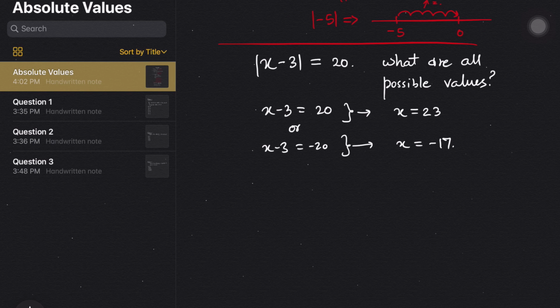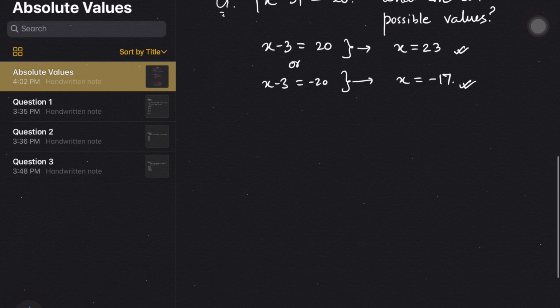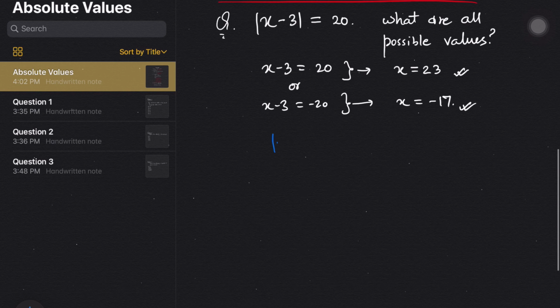But then there is one more way that you can do the same question, which means you have to think about the whole situation from a completely new perspective. I'll tell you. Suppose absolute value of x minus 3 is equal to 20. Now that's given to you. What you have to do is look at this number. This number is minus 3.